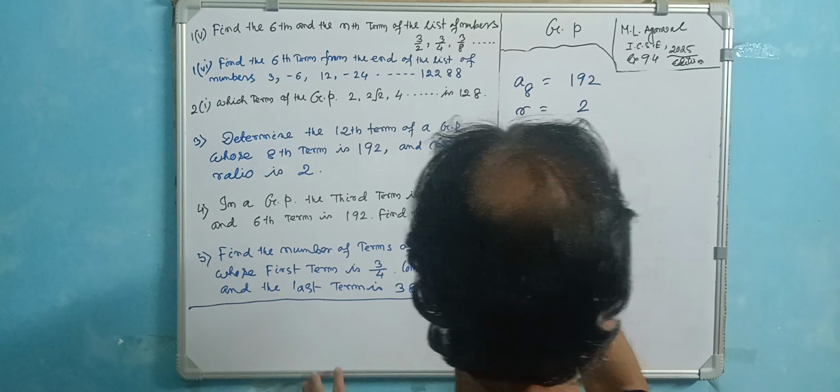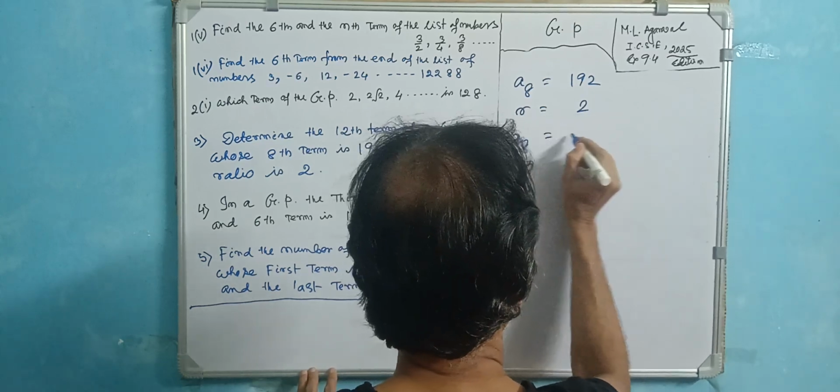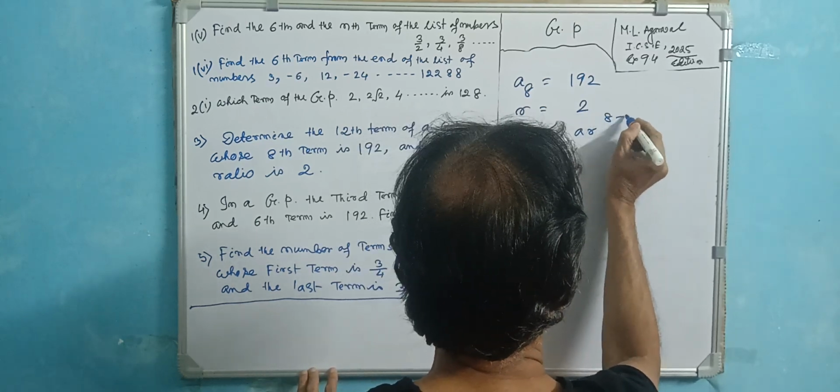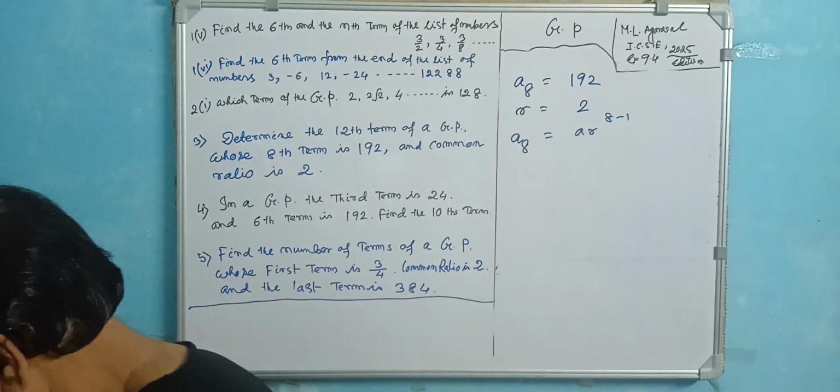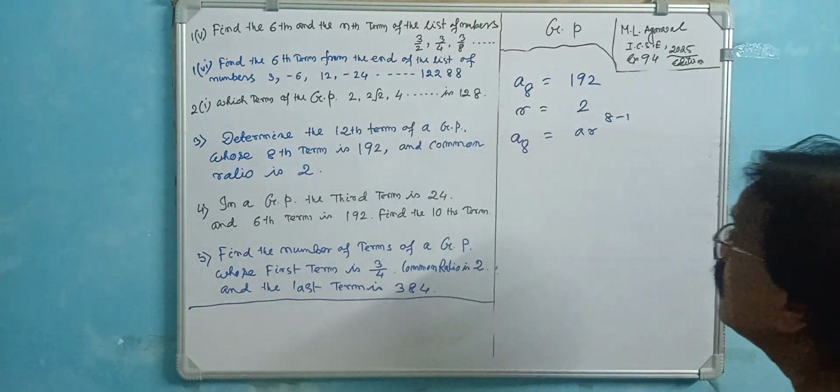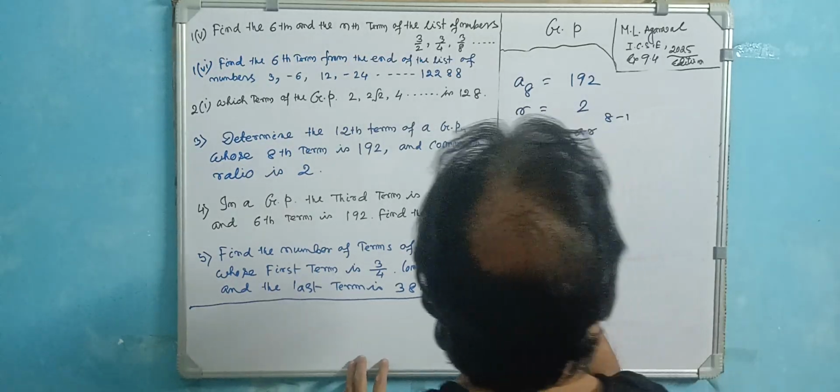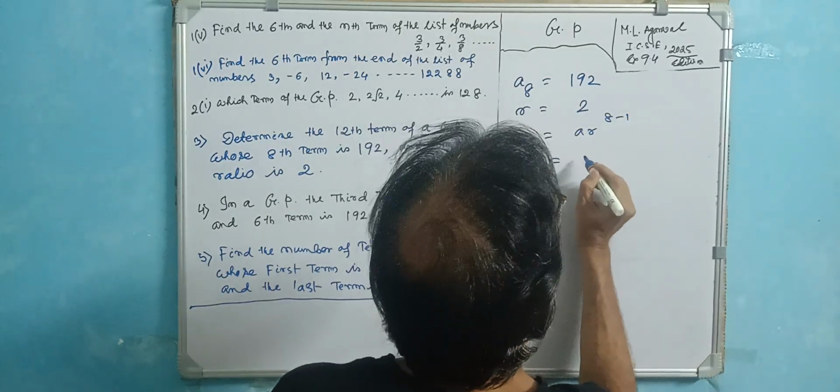So now A8 is A times R to the power 8 minus 1, and the value of this is 192.